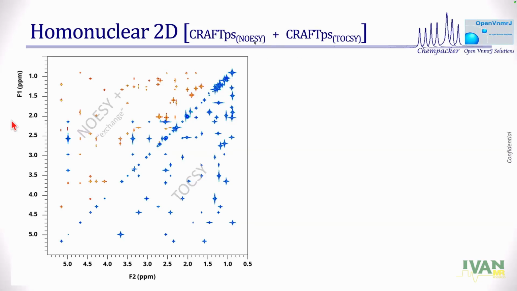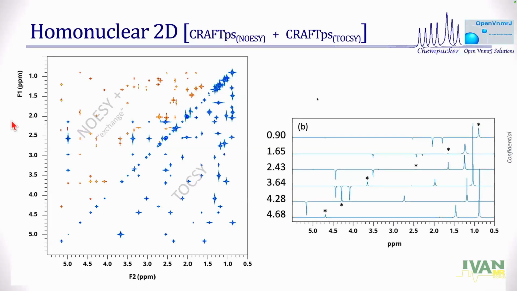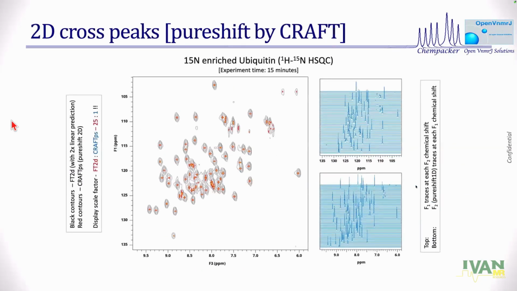This comes from two CRAFTps tables, merged by a particular rule. Now you have a methodology with this table. How am I going to visualize it? This is a very useful representation where you can put your cursor on a cross-peak, generate traces and analyze. Those are my diagonals, anything on this side is noisy, anything on the right side is TOCSY, and so on. This is all just display.